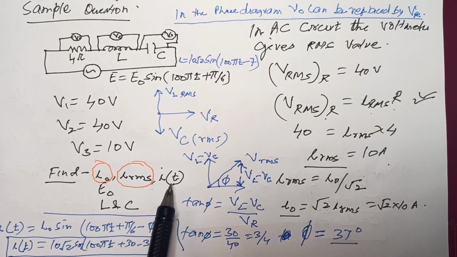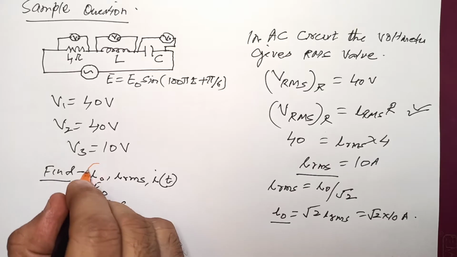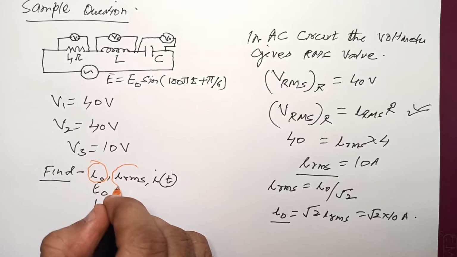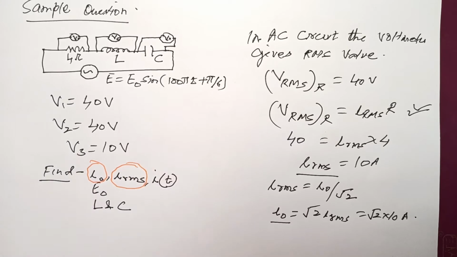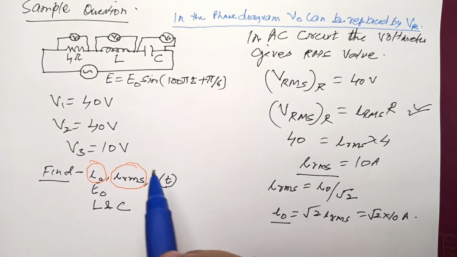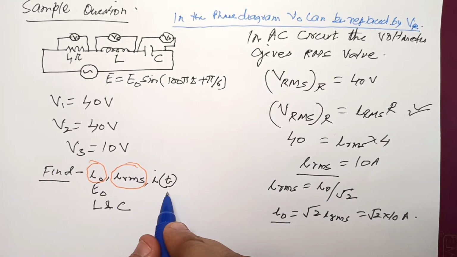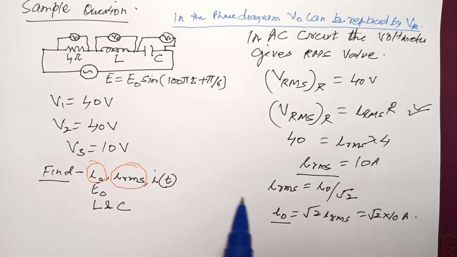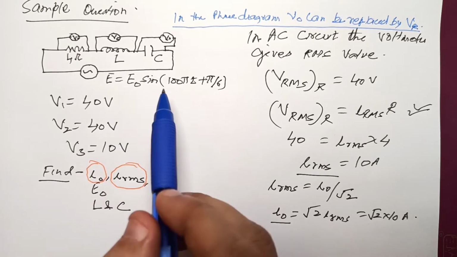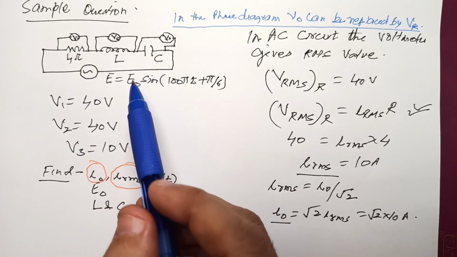Now let's proceed to the other sections. This is done and this is done. Next comes IT. As I said, for IT we need to have the phase as well, correct? Now remember what I said earlier.